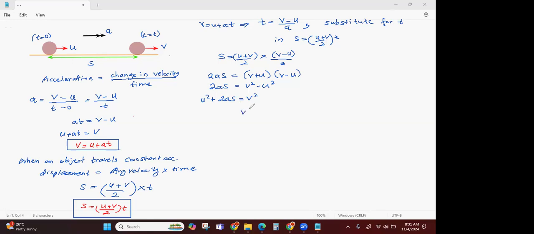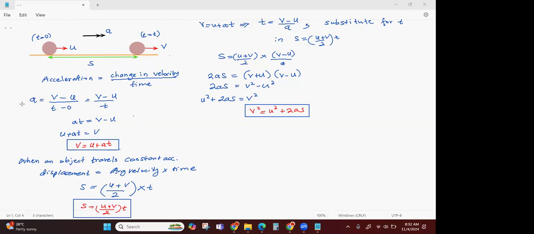Therefore, v squared is equal to u squared plus 2as. This is the third equation. Okay, you can write down.